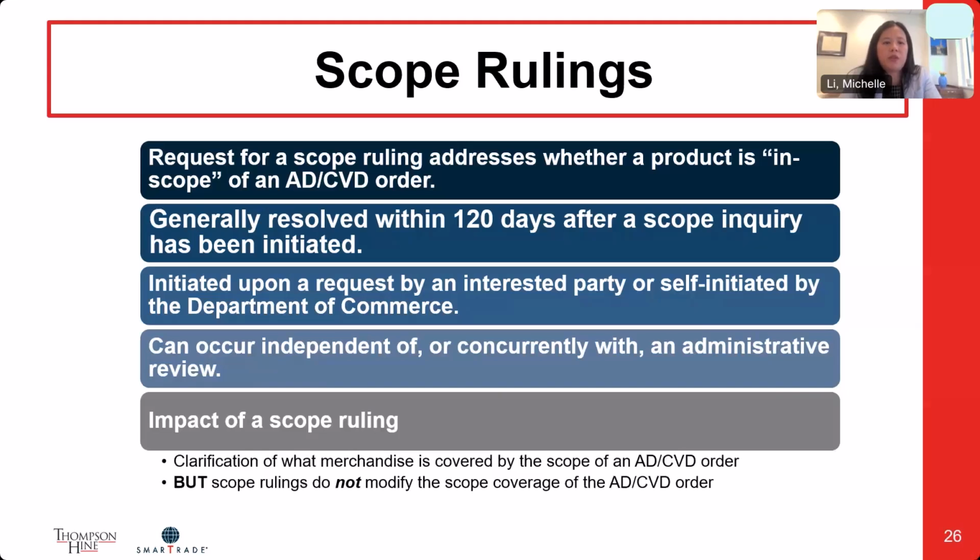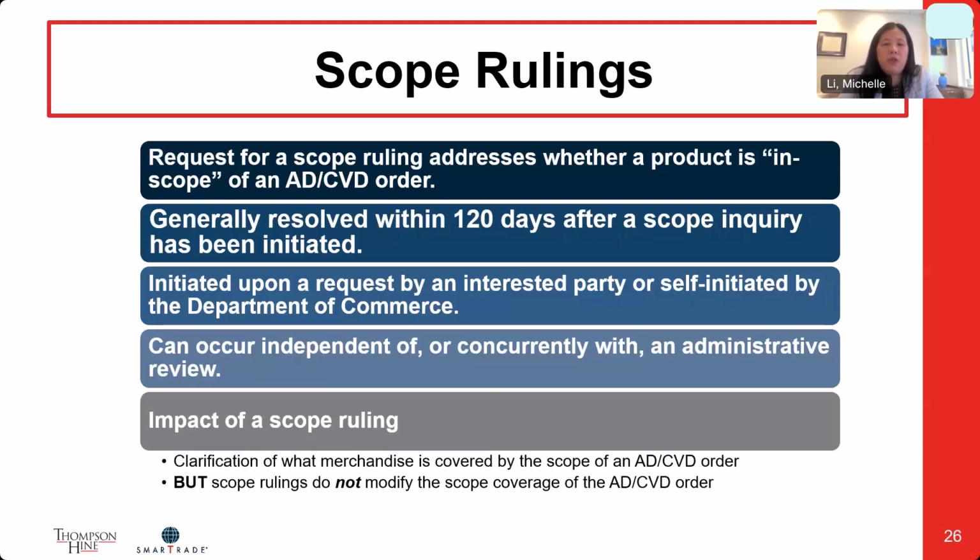And this is where the scope ruling comes into play. For each AD and CVD order, like I said, there is a scope, which is a narrative description that defines what merchandise shall be covered by the order. This is known as the scope. One limitation to scope inquiries is that they typically are reserved only for products that are the same class or kind of merchandise covered by the order.